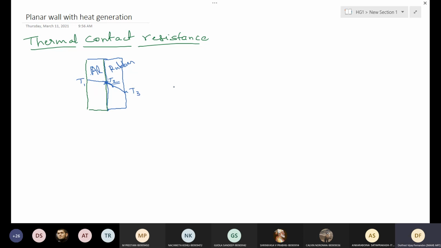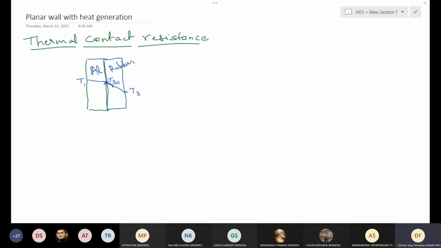So that means there is an additional resistance, because if there is a perfect thermal contact, that means the entire surface is in touch with the next surface, then we can make this assumption of perfect thermal contact. But that is not the case, and there will be additional resistance because of the imperfect contact.